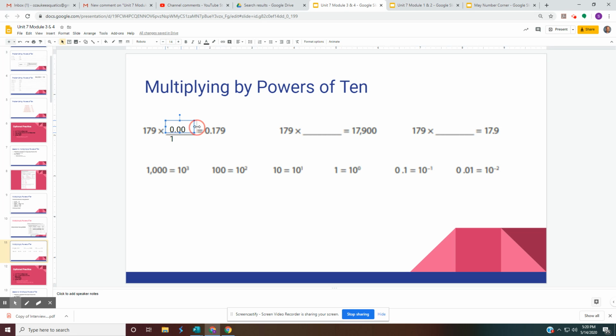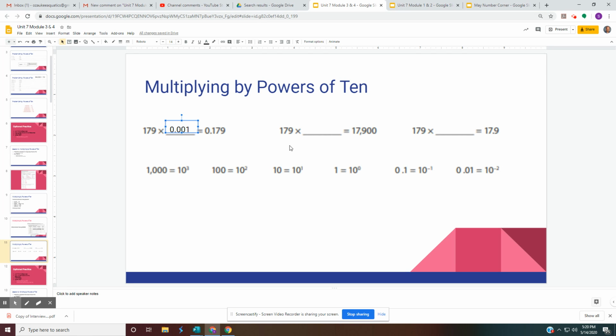See how I did that? Because I had to move my decimal point over 3 spots because my decimal originally starts after the 9, and to get my answer, I had to move it over 3 spots. So I have to multiply by a decimal that has 3 spots behind it.